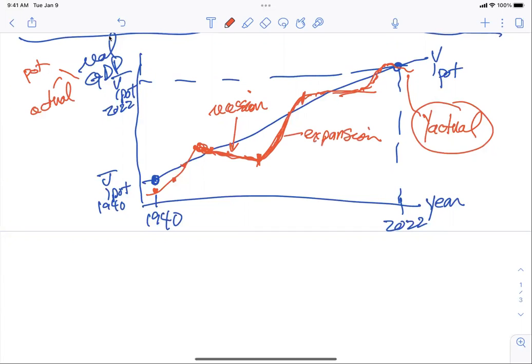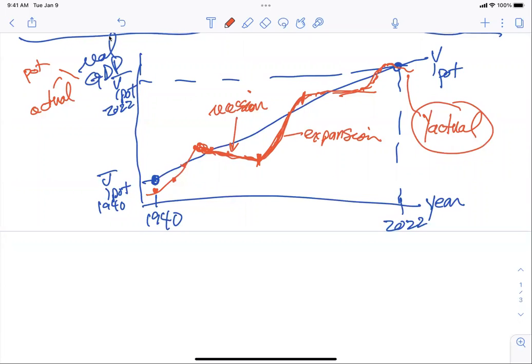So we learned in chapter 8 that's what business cycles are all about. Recessions followed by expansion, followed by a recession, followed by expansion, but they're all kind of fluctuating around this long run trend, right? Over time, standards of living have increased.